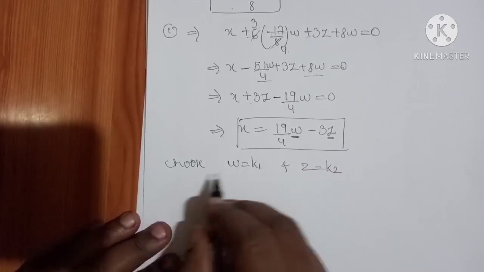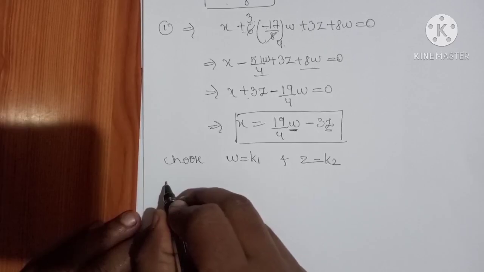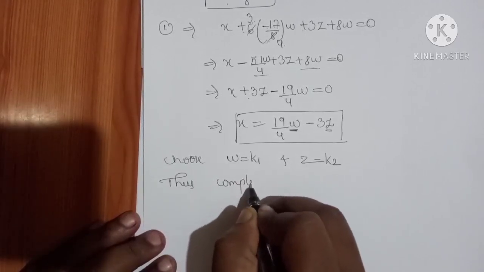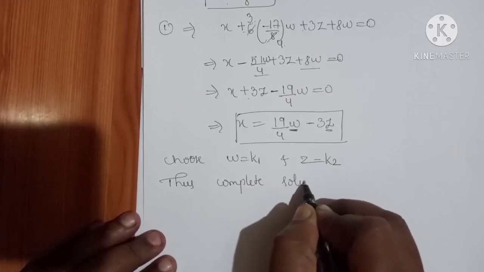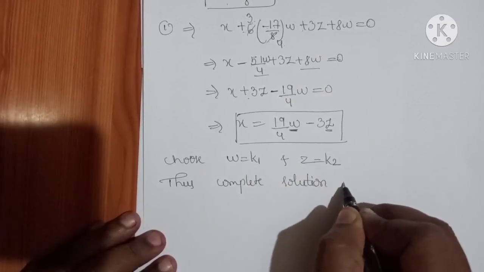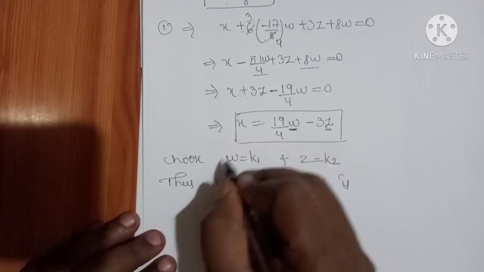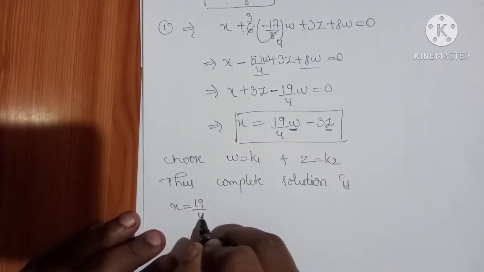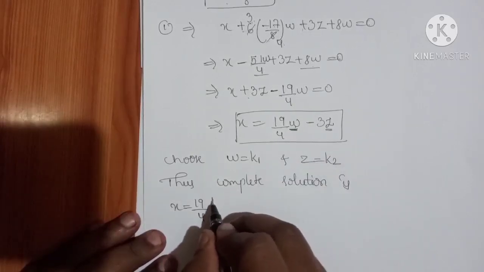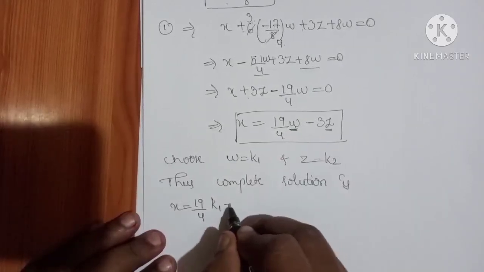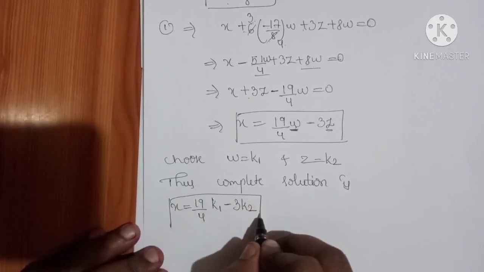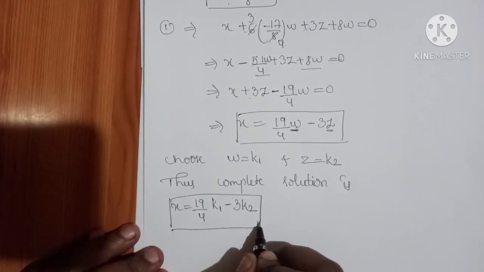We get the complete solution: x equals 19 divided by 4, omega means k1, minus 3, z means k2. So this is the x value. We can't simplify this one further.